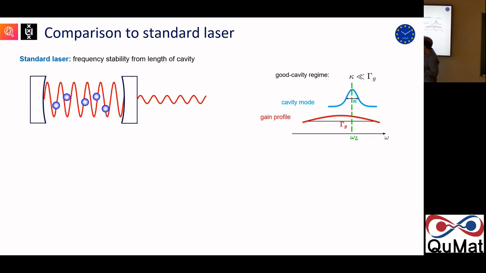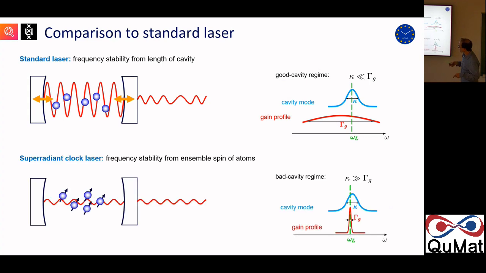This is a classical frequency reference. And if somehow a temperature change or vibration changes the cavity length, the phase of the outgoing light changes. That's bad. Now, in a superradiant laser, that's completely inverted. You choose an atomic transition that's much, much narrower than the cavity line width.